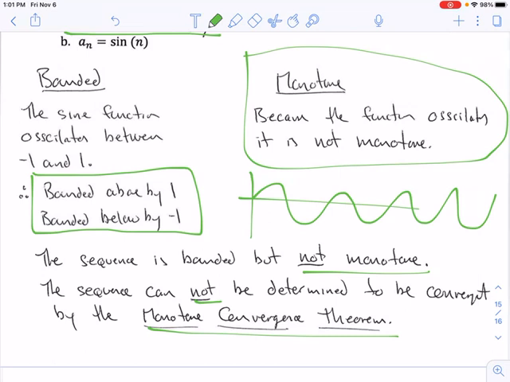Okay? All we really can conclude from the monotone convergence theorem is that by that theorem, it's not convergent. Some functions may not be monotone, or they may not be bounded. They may not fulfill one of those requirements, but somehow they might be convergent.